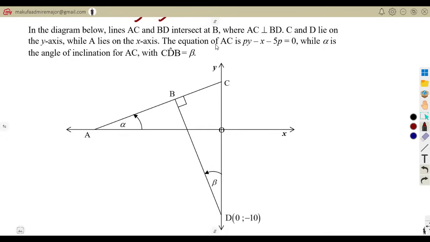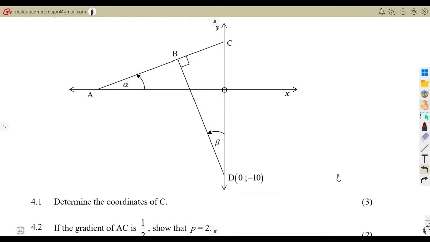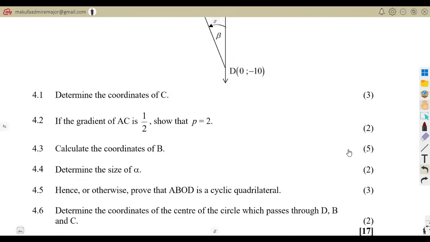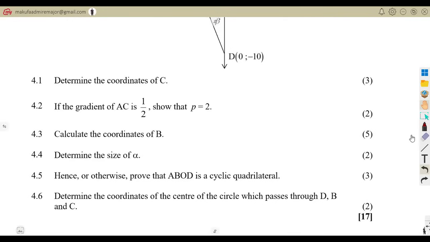All right, then the equation of AC is given. While alpha is the angle of inclination of AC, and beta is angle CDB. This is angle beta. According to this information, these are the questions you had to answer on question number 4.